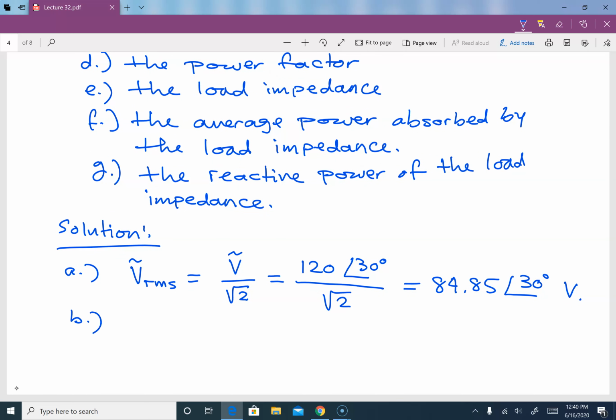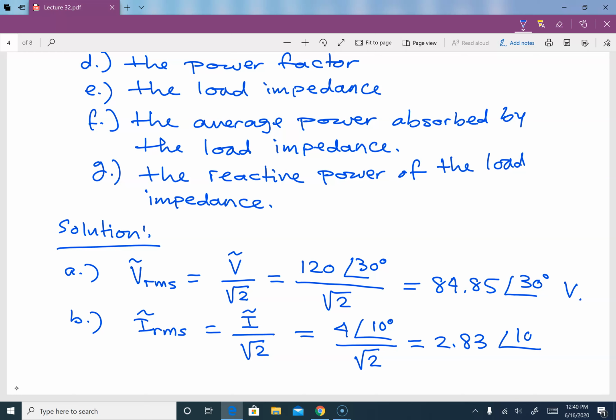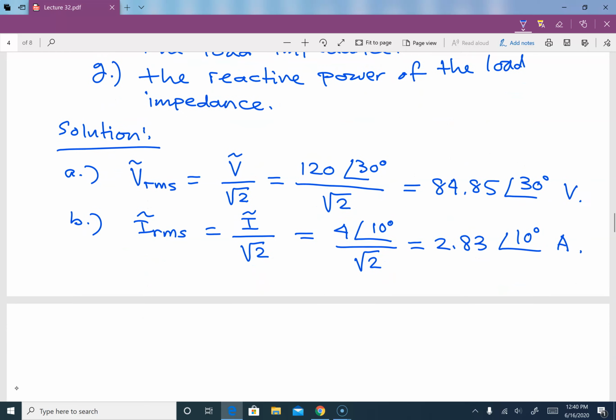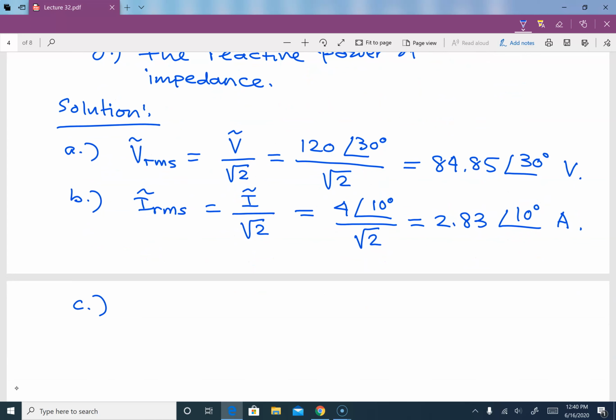For letter B, our IRMS is equal to phasor I divided by radical of 2, and that is equal to 4 with angle 10 degrees divided by square root of 2, which is equal to 2.83 with angle 10 degrees, in ampere. For letter C, we need the apparent power.